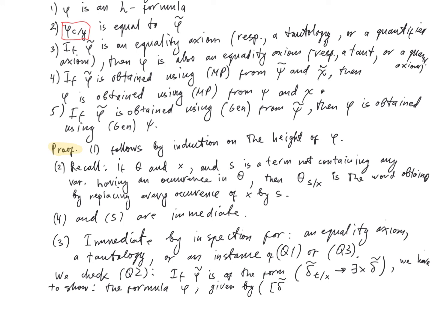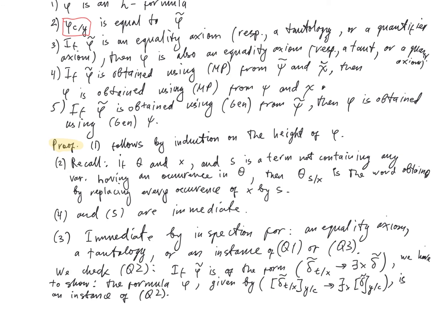So it is the formula delta tilde, t substituting x, now y substituting c, implies exists x delta tilde, y substituting c, and we have to show that this formula phi is itself an instance of the quantifier axiom Q2.